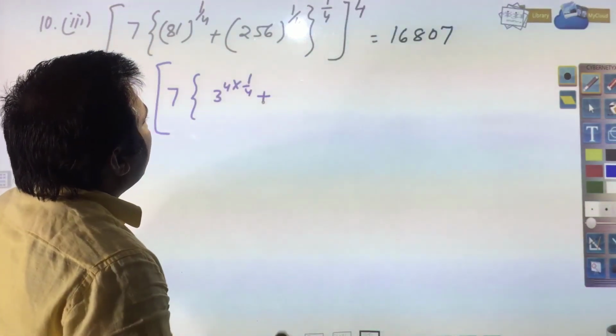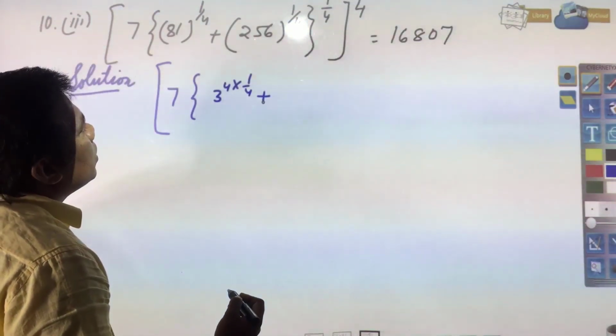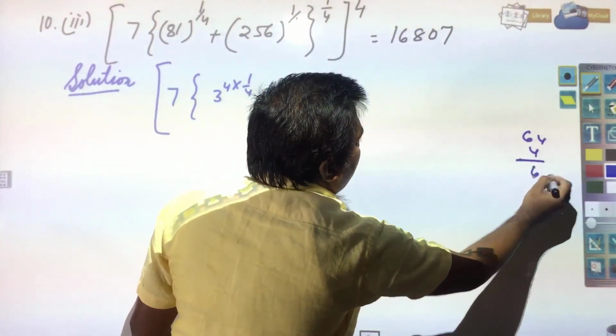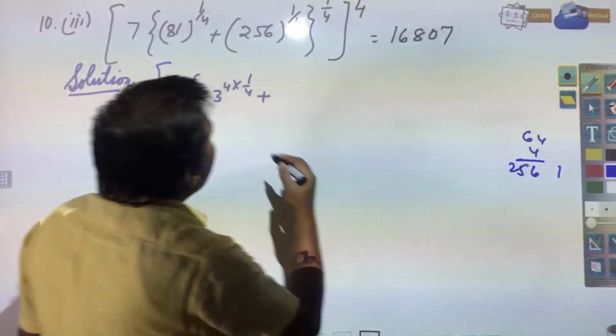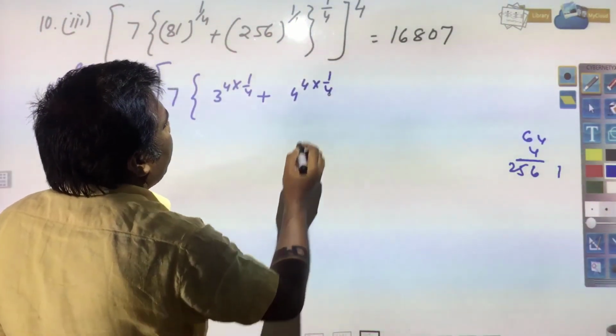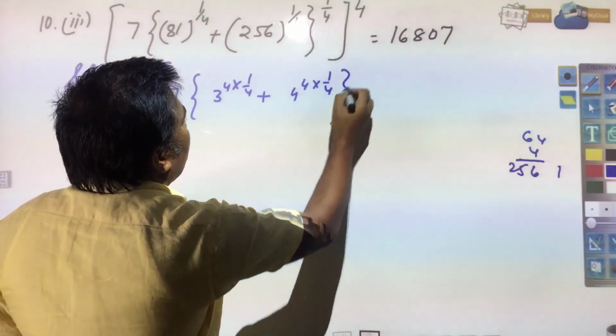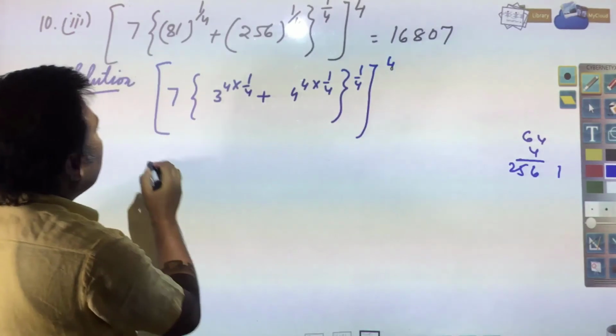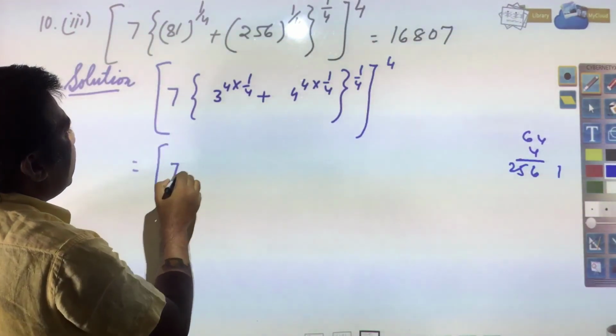256 can be written as 4 to the power 4 into 1 by 4, and whole to the power 1 by 4, and again whole to the power 4. So, this will be 7.